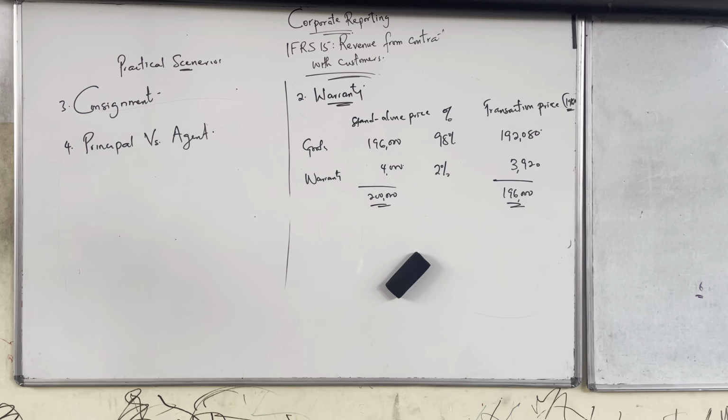There's a question on the principal versus agent. An entity operates a website that enables customers to purchase goods from a range of suppliers.